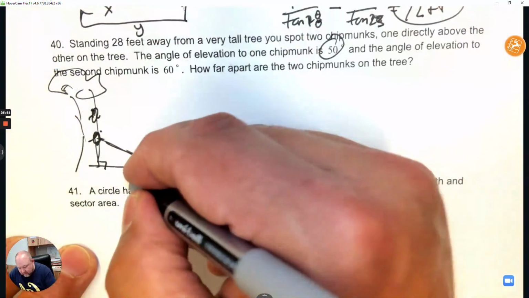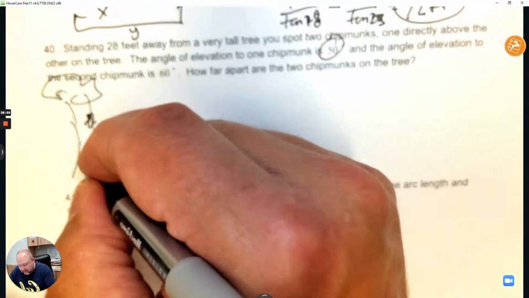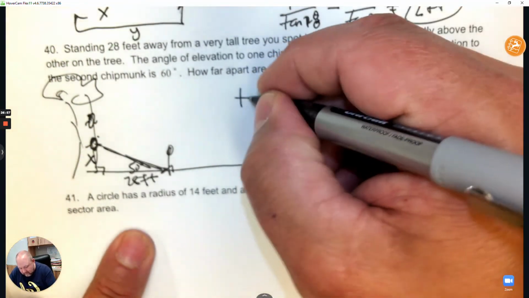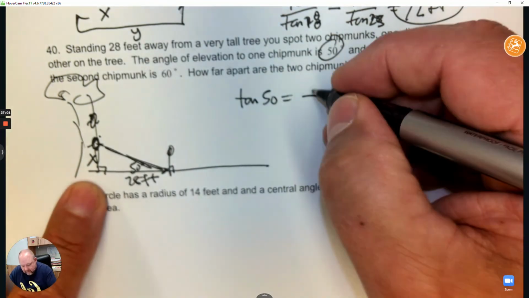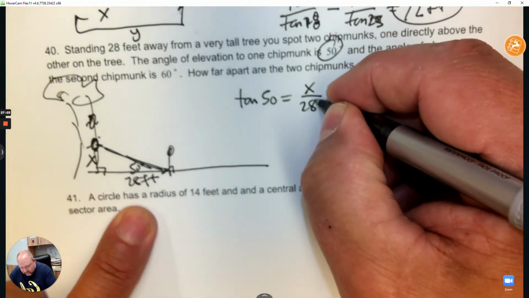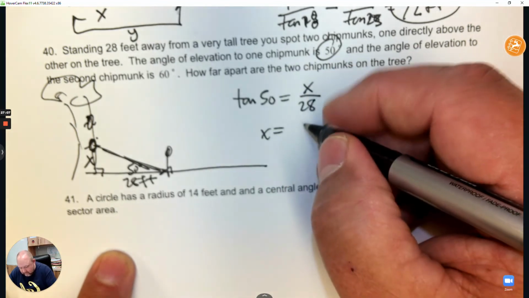Then you're standing 28 feet away. So I want to know that height to begin with. I'll call it x. Again, we're going to use tangent. The angle is 50 degrees, and it's opposite over adjacent. So there's one answer.